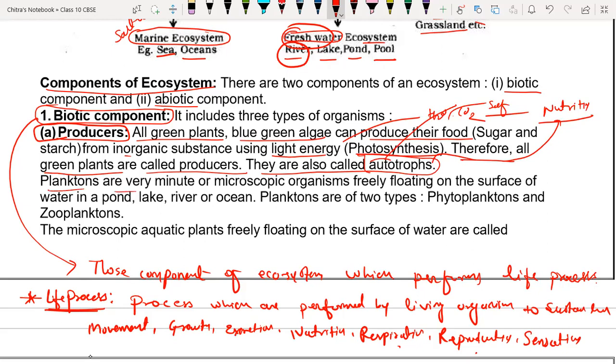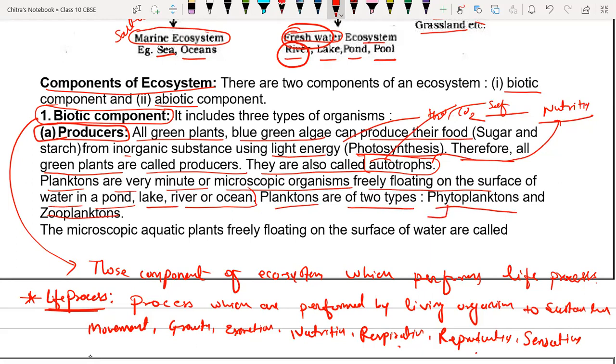Phytoplanktons are very minute. They are present in water bodies and are very small plants called phytoplanktons. They are very minute or microscopic organisms freely floating on the surface of water in a pond, lake, river, or ocean, etc. Planktons are of two types: phytoplanktons and zooplanktons.